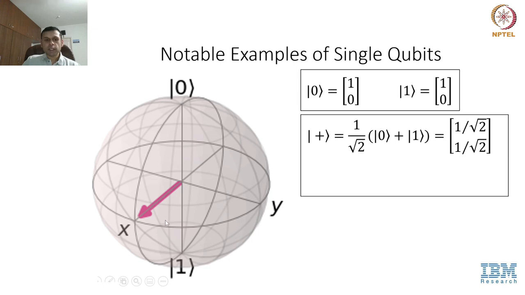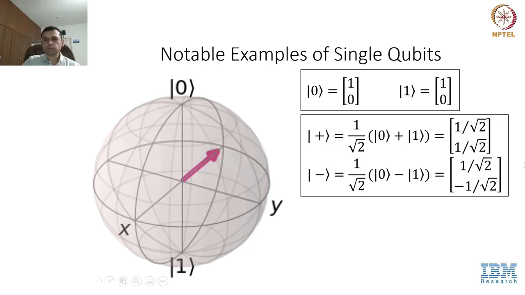Another special vector is at one end of the x-axis, and that we call the plus vector. It is the superposition of 0 and 1, and our alphas and betas here are both 1 by root 2. In matrix terms, this can be represented as 1 by root 2 and 1 by root 2. Note that if you take the squares of the moduli and add them, you get half plus half, which is 1. So you can see that the plus state is a normalized vector.